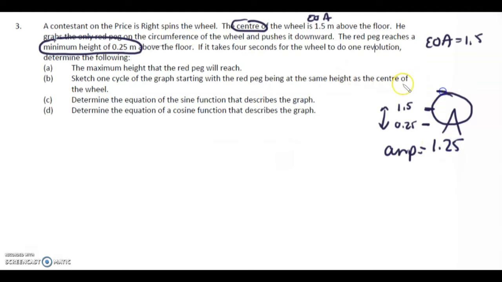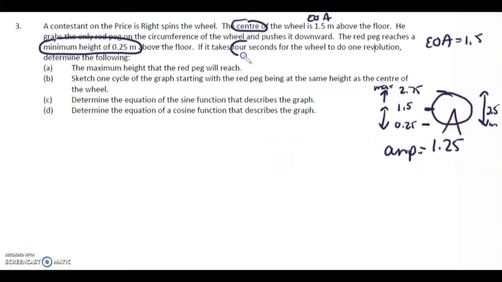And if you wanted to find the maximum, we would take that 1.5 and add 1.25. So the radius is 1.25, but the diameter of that wheel is 2.5, maybe meters.